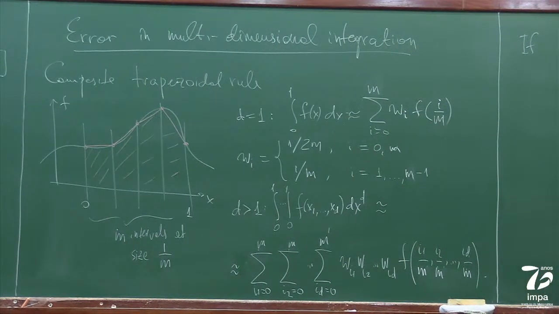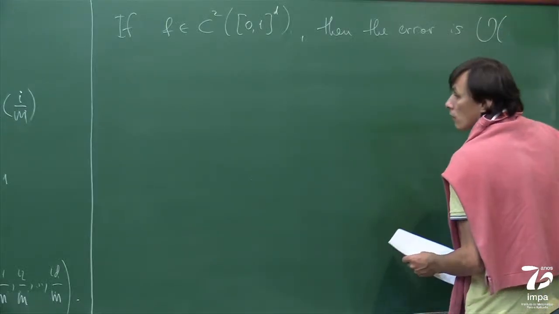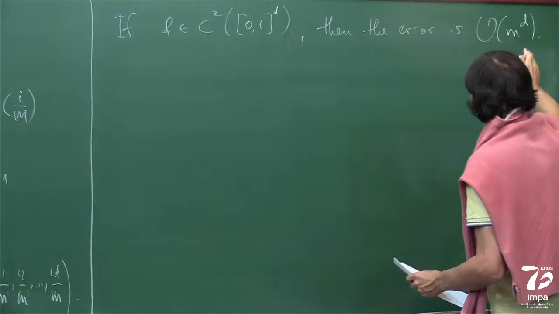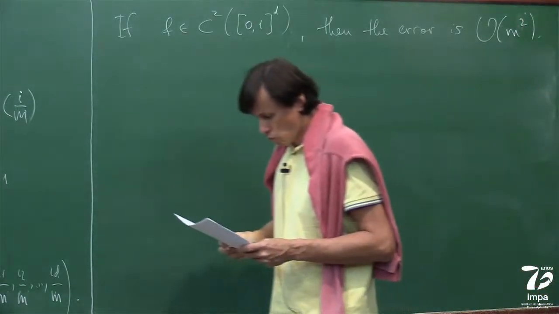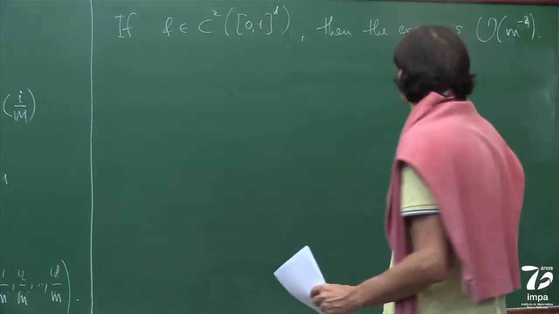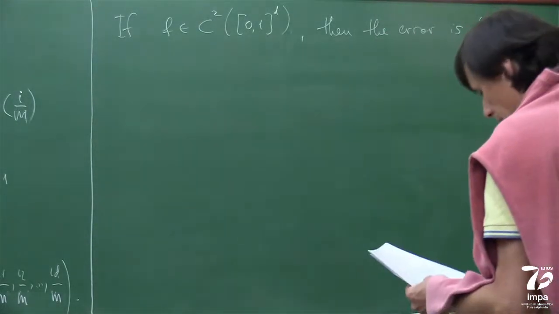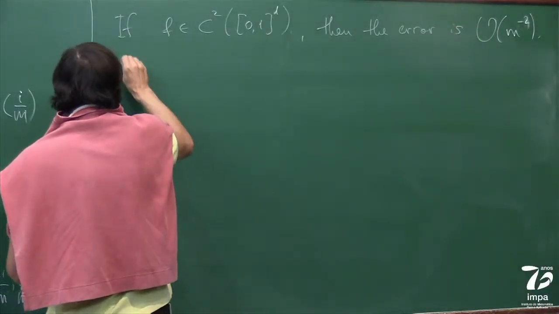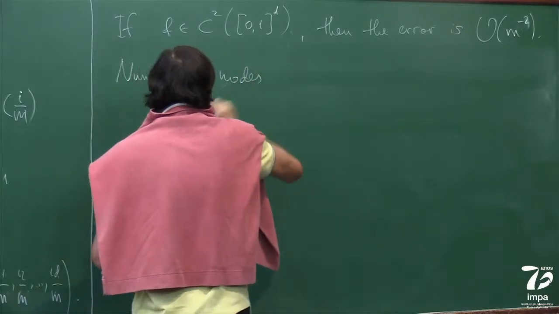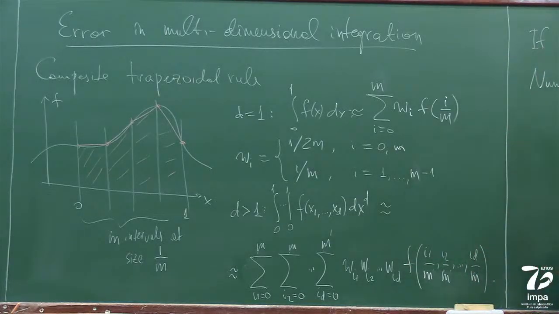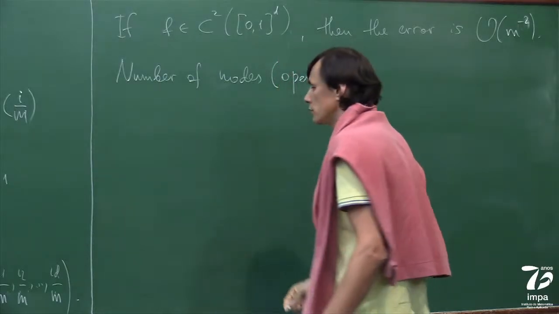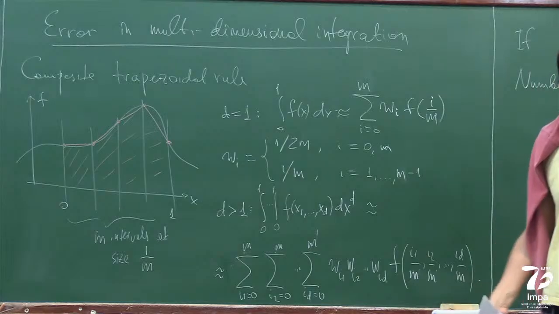So the error is what? Error is second order, so it was M in power 2, minus 2, h in power 2, and h is 1 over M. But the number of nodes that you have to use in this computation is the same as the number of operations, because computation of each node is a certain fixed number of operations.